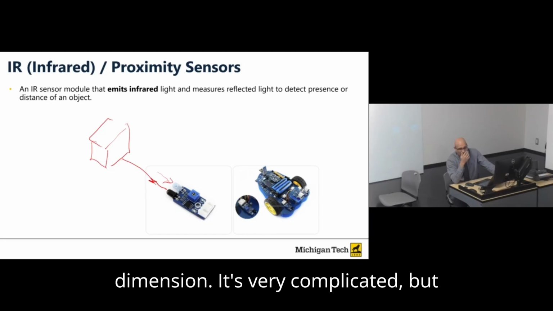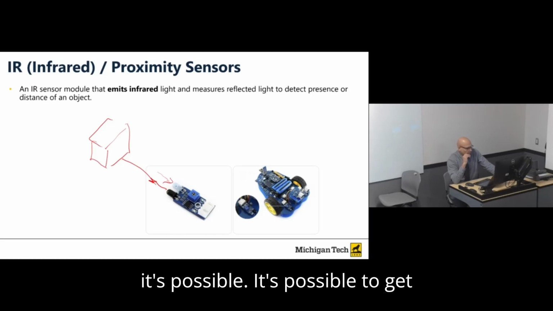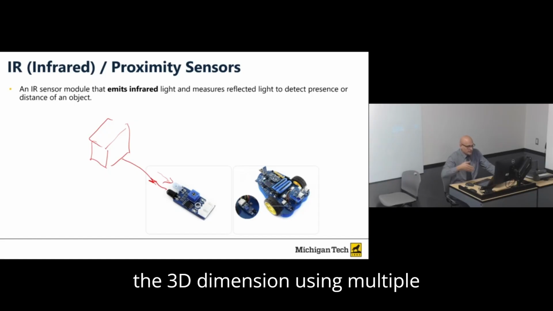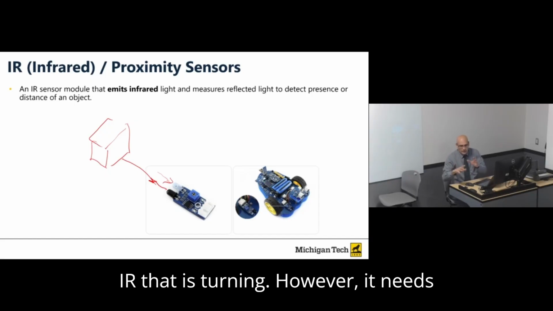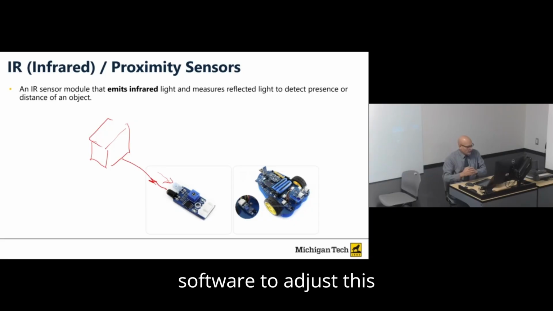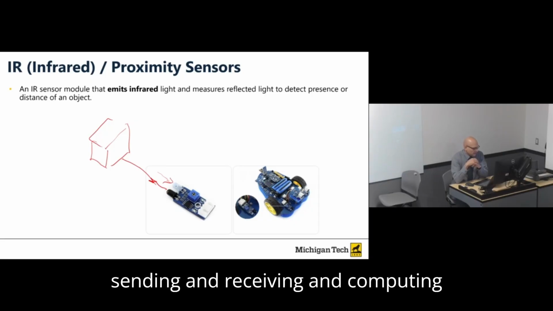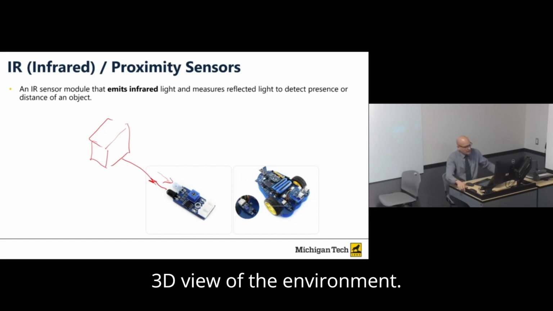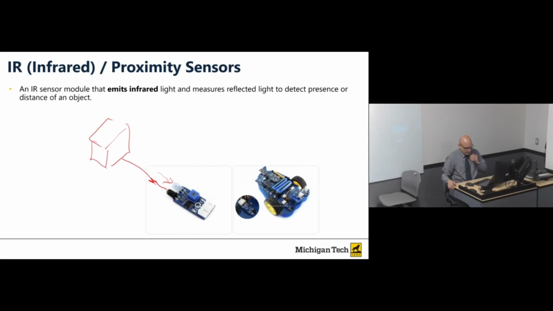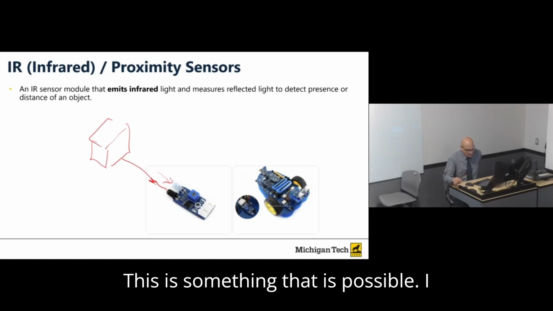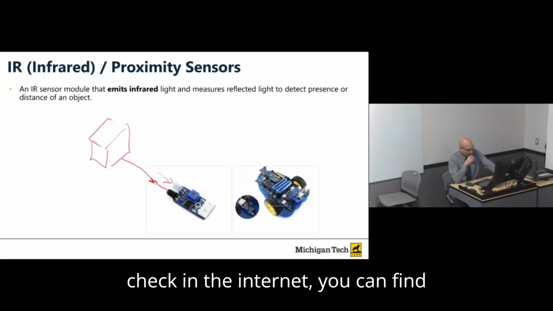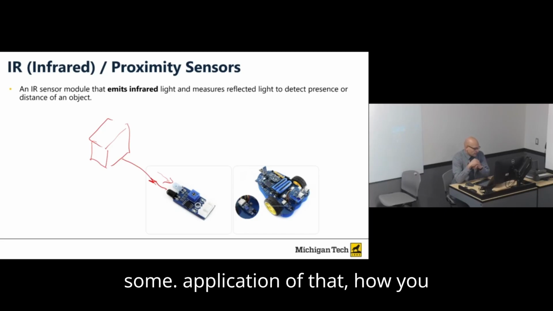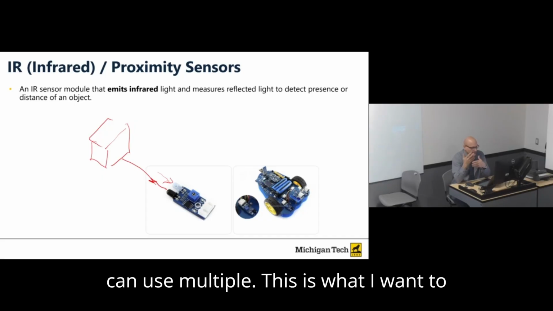It's very complicated, but it's possible to get a 3D dimension using multiple IR that is turning. However, you need software to adjust this sending and receiving and computing the 3D view of the environment. I think so many applications exist. If you check on the internet, you can find some applications of how you can use multiple.